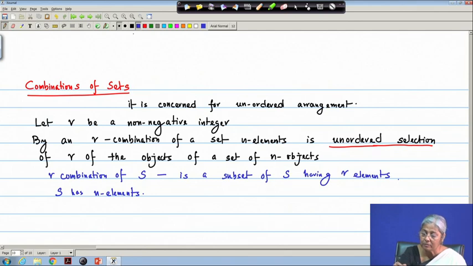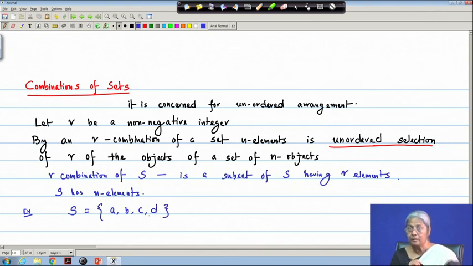So, as a simple example, say S has 4 elements A, B, C, D. Then what will be the 3 combinations?